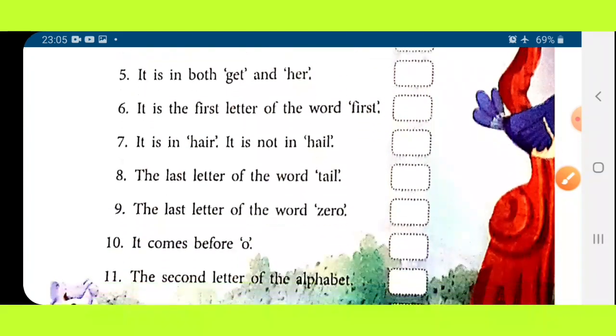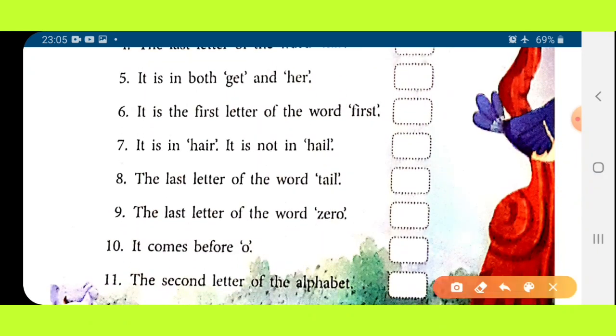Very good. After then, the next question. Now just reply to me fast. Let's see who will give me the answer very fast. It is in HAIR here. It is not in HAIL, hail. Let's find the letter which is in the hair but not in the hail.